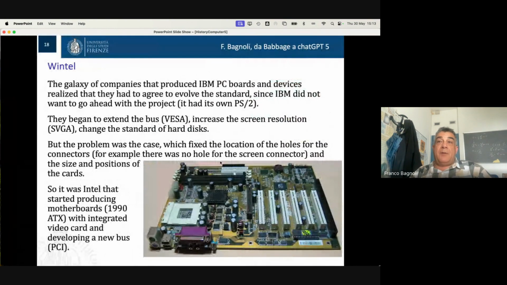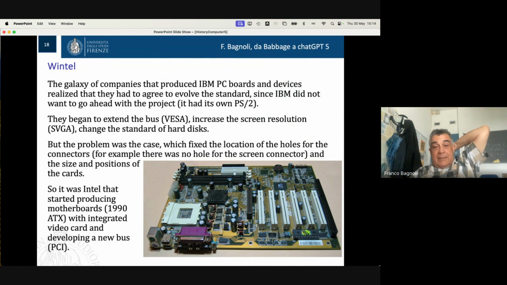Now, the problem with increasing performance of home computers in the world of IBM compatible computers was that the design of the case was still that of the first computers.